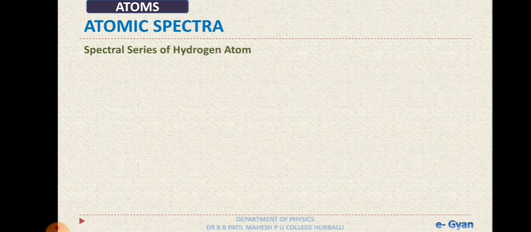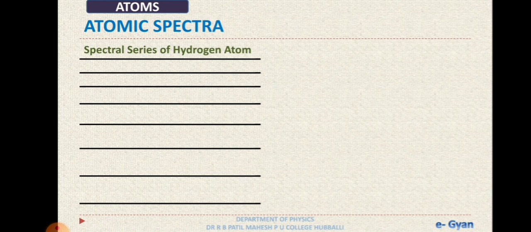Now let us discuss the spectral series of hydrogen atom. How do they occur? We have different energy levels of hydrogen atom with principal quantum number n equal to 1, 2, 3, 4, 5, 6, 7, and let the last be the one which is very, very far, with quantum number infinity.